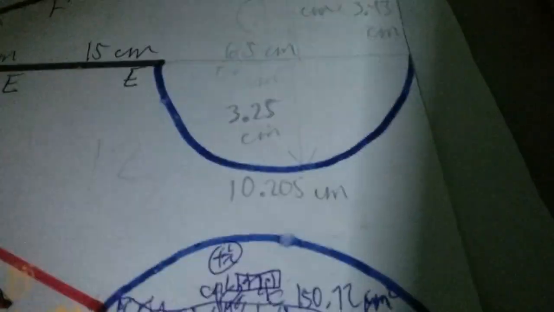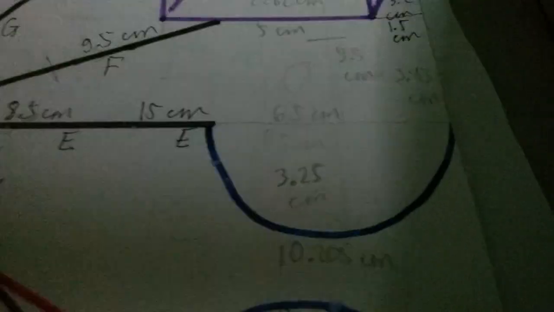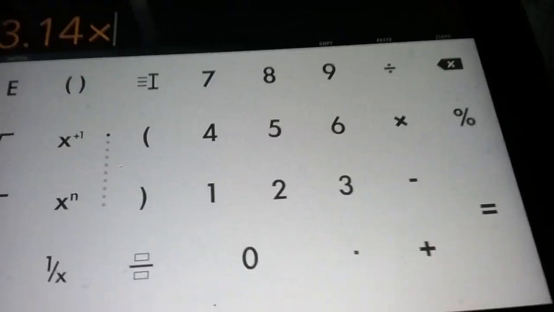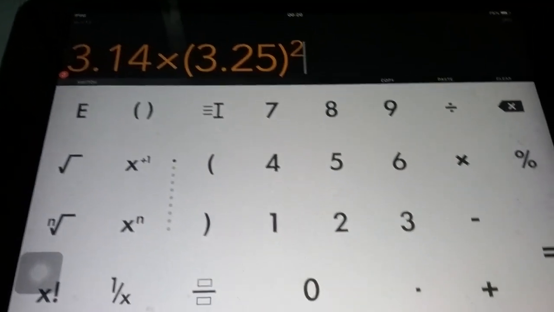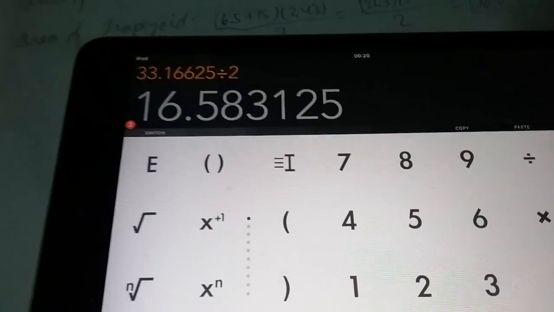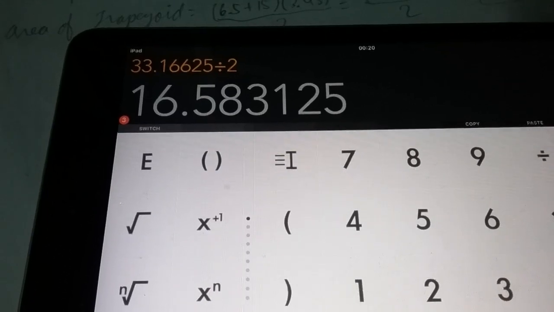It's pi times the radius squared divided by 2. Diba? Let's do it on a calculator para mas mabilis. 3.14 times the radius squared. Ano yung radius squared? 3.25, diba? 3.25 squared. Okay? Then divide by 2. So therefore your answer is 16.583125.